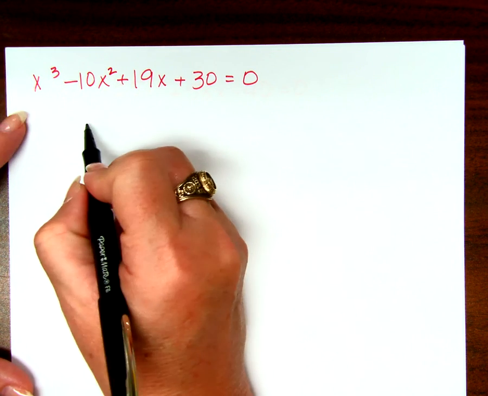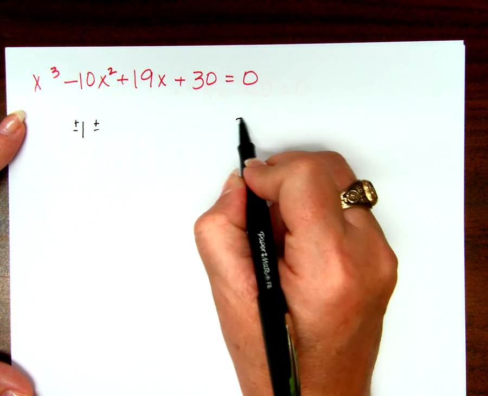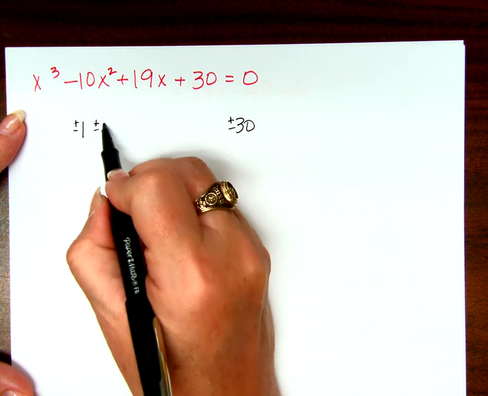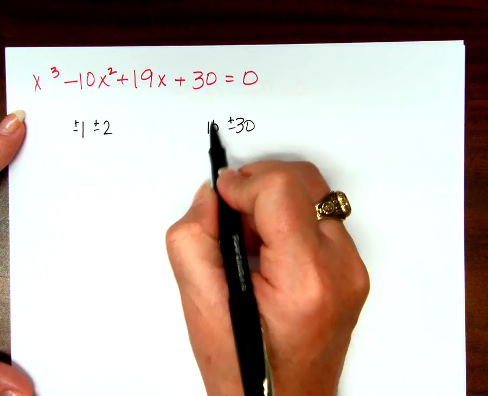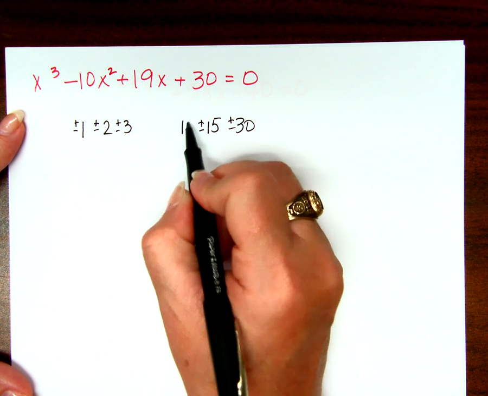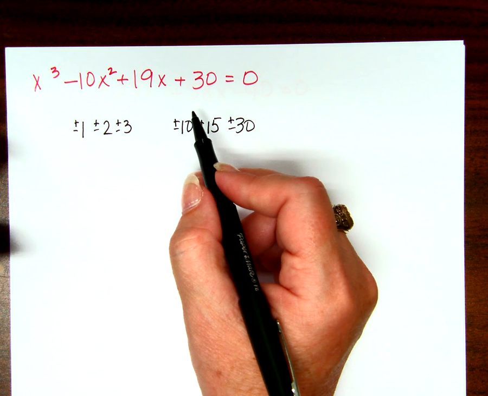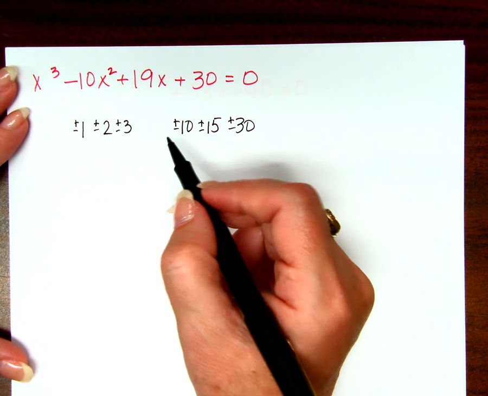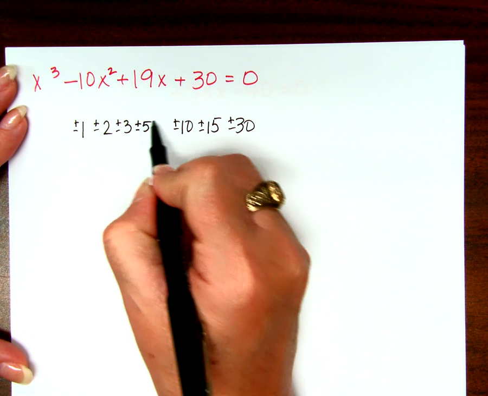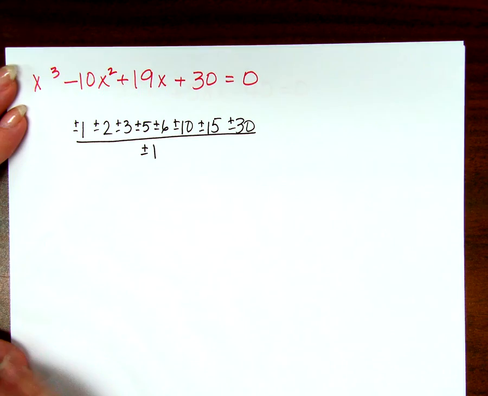Factors of 1. So what are the factors of 30? 1 and 30, right? 2 and 15. 3 and 10. 4, no, 4 doesn't work, right? 5 and 6. All divided by 1.